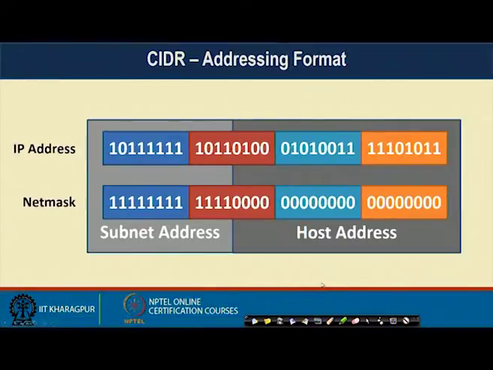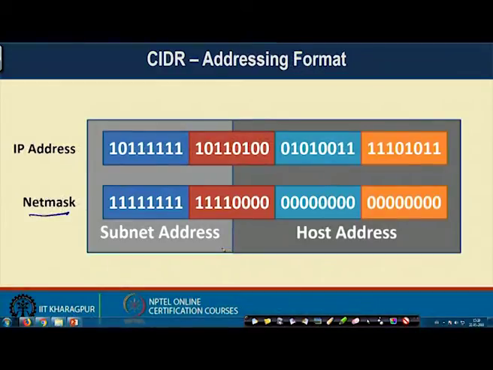So, here is one example. Say this is your IP address in these four 8-bit chunks. As I have mentioned, you require this net mask or subnet mask to determine how many bits are there to denote your network IP or the subnet IP.